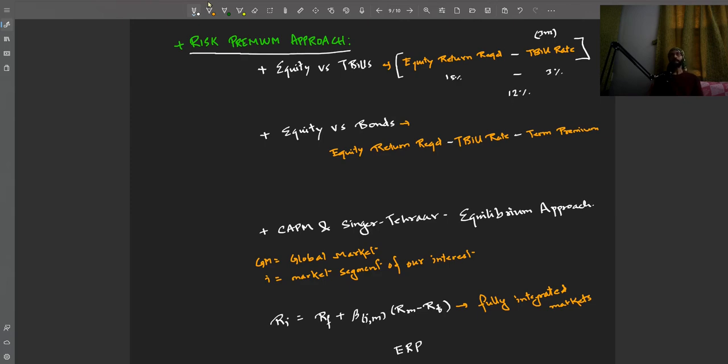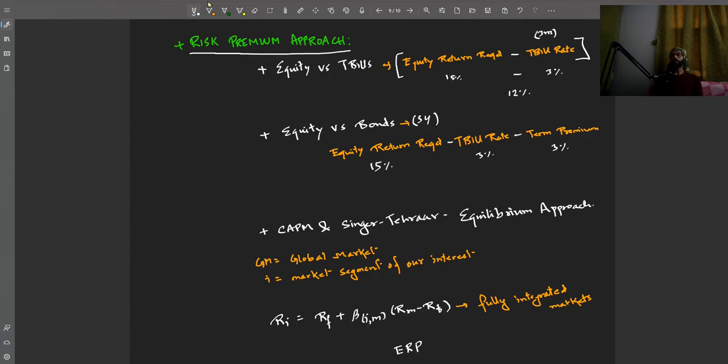So let's say you have a holding period of 5 years. You look at a default free bond of 5-year maturity, and let's say that bond has a term premium of 3%. So the T-bill rate is 3%, the term premium for the 5-year maturity is 3%, and the equity return required is 15%.